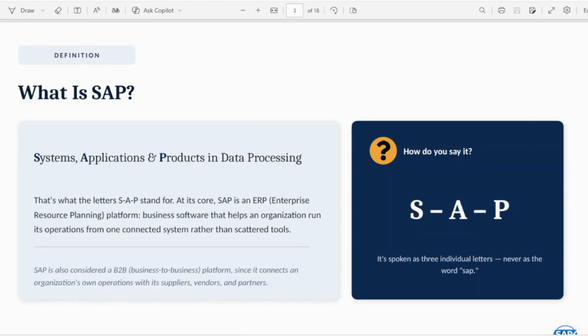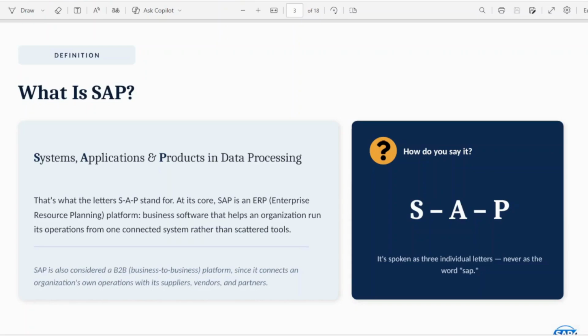So what is SAP? SAP stands for Systems, Applications and Products in Data Processing. That's a long name, so don't worry about memorizing it word by word. What matters is that SAP is an ERP software. It's a system that helps a company run its entire business from one place instead of using separate tools for every department.